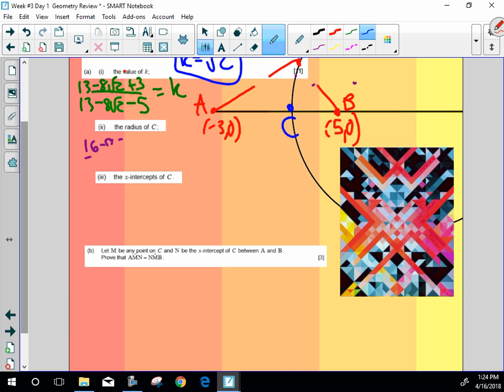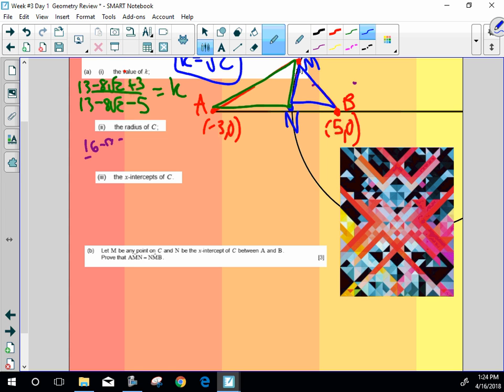Here's your C. N is down here, and then M is up here. And we're going to make 2 triangles. We're going to make this triangle, and we're going to make this one.